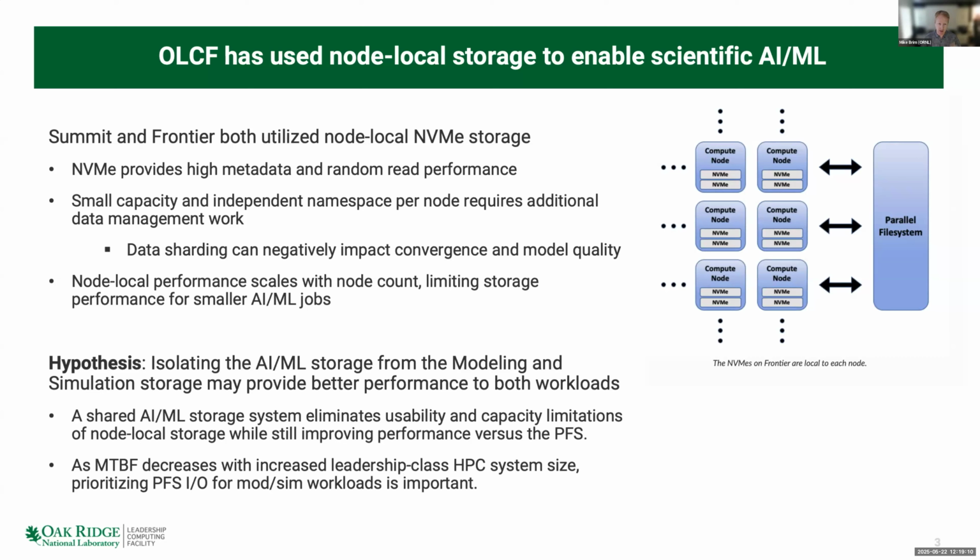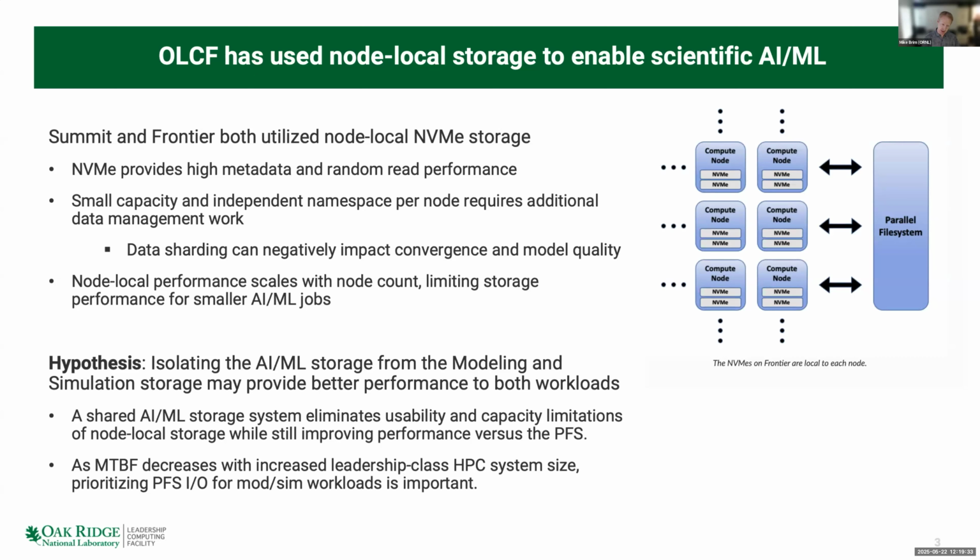And so our hypothesis is maybe it's better if we just provide a separate storage system that's tailored for AI or ML workloads, and then isolate that from our traditional parallel file system, which is serving the needs of modeling and simulation. And so we hope that if we did this, we could provide better performance to both workloads.